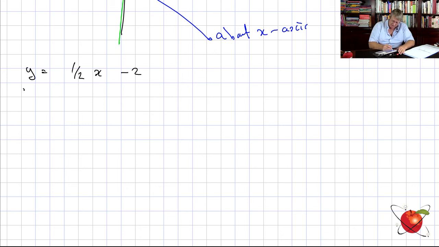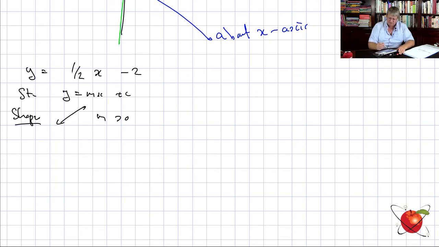First of all, standard form, y equals mx plus c. Shape, okay? It's going that way, because m is positive, correct? Let x equal 0. If I put x equals 0, y equals minus 2, and I've got 0 and minus 2. Straight away I could have read that off as the y-intercept.